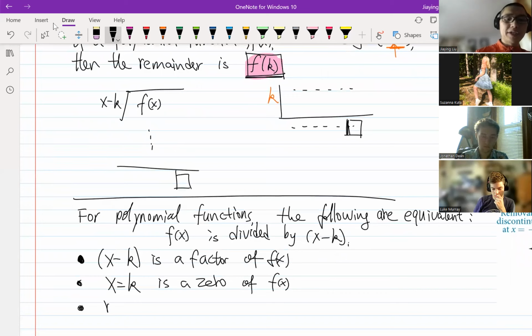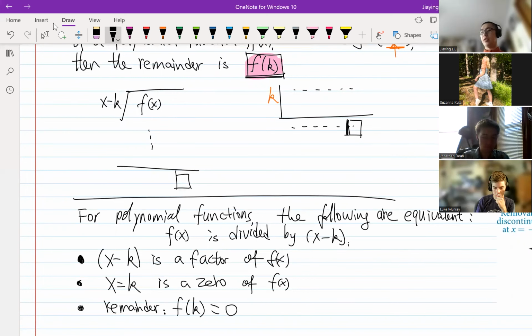And then the remainder. Remember, the remainder we can get by taking k and putting it into the function, so f of k must equal 0. If we take k, put it into the function, and we get 0, that's a remainder equal to 0. In that case, we know that x equals k must be a 0 of f of x because it makes the function equal 0 when x equals k.